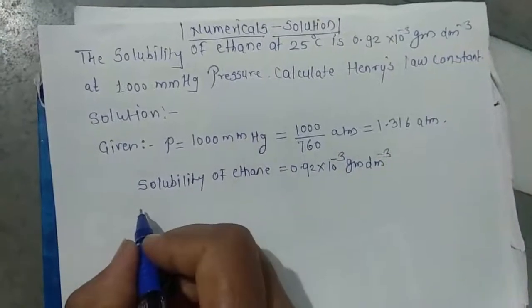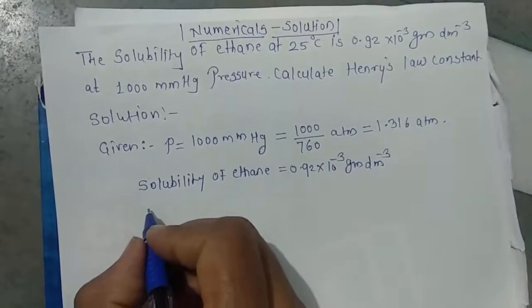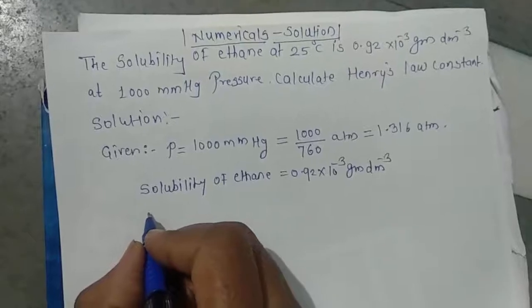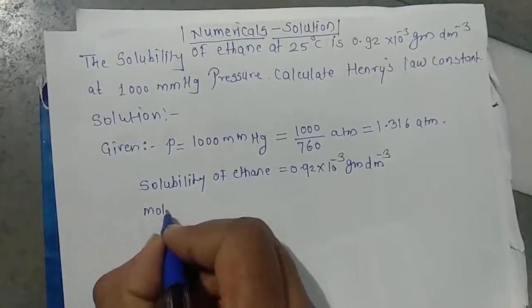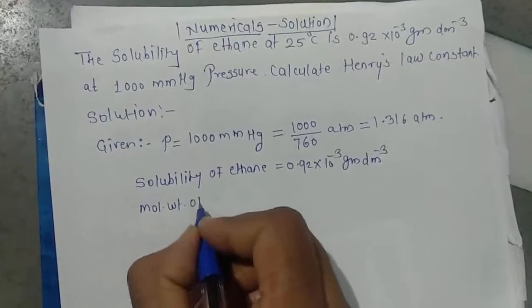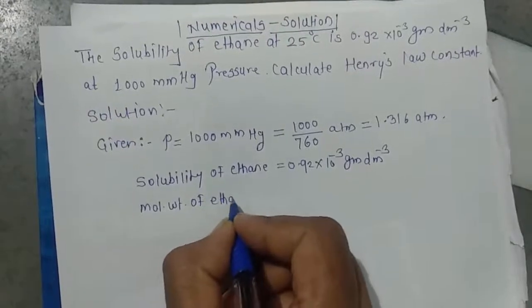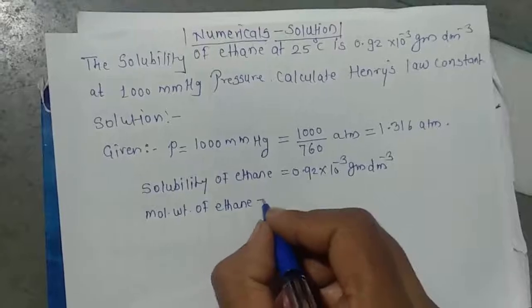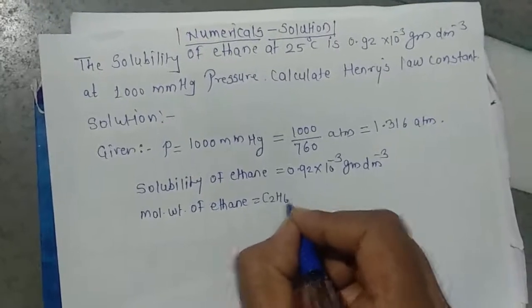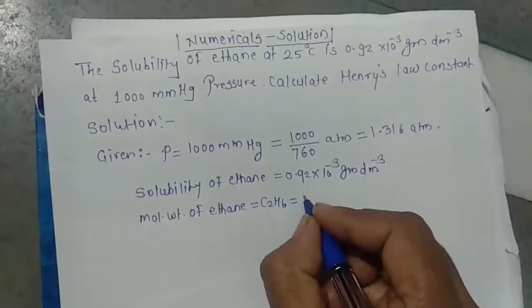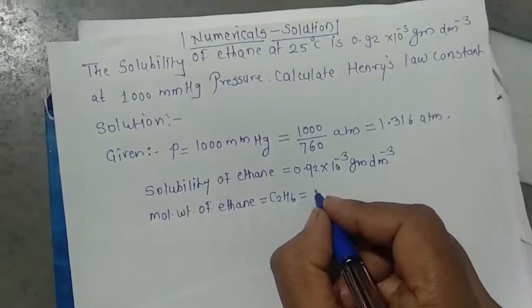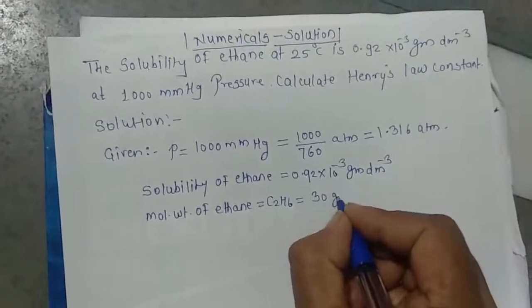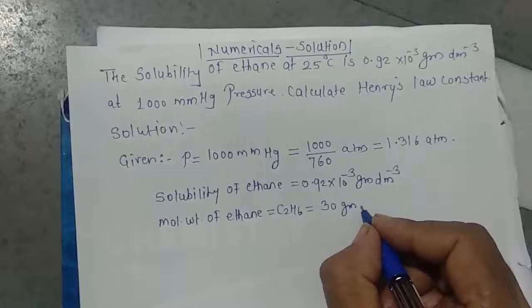We know the formula for ethane, that is C2H6. So here we are going to calculate the molecular weight of ethane, C2H6. Here we are getting the molecular weight as 30 gram per mole.